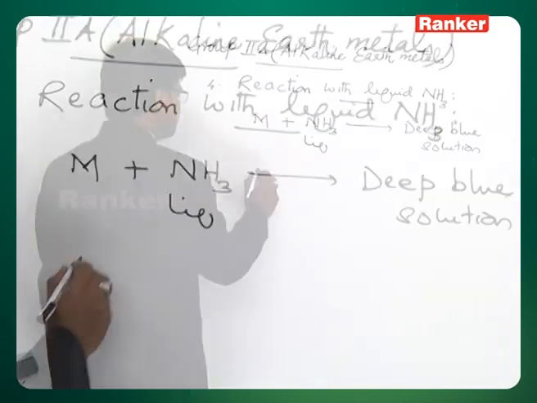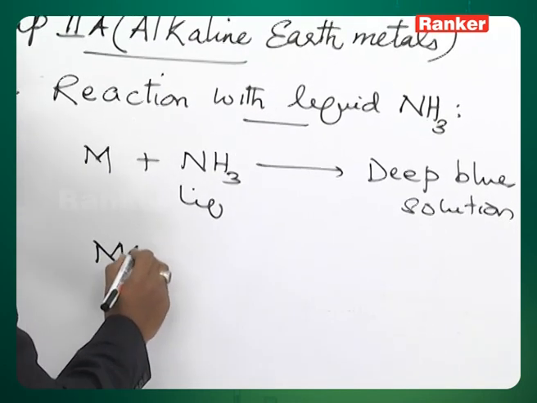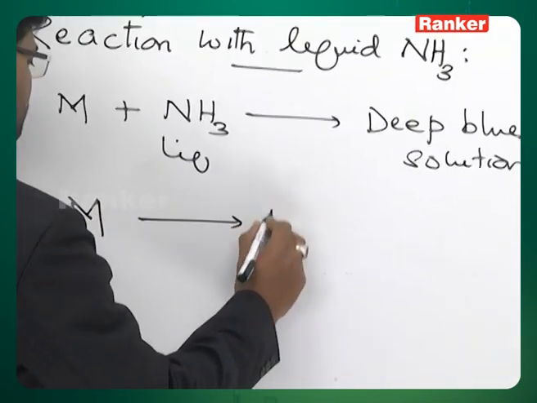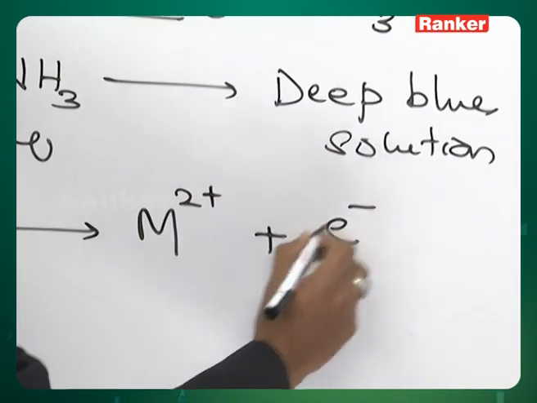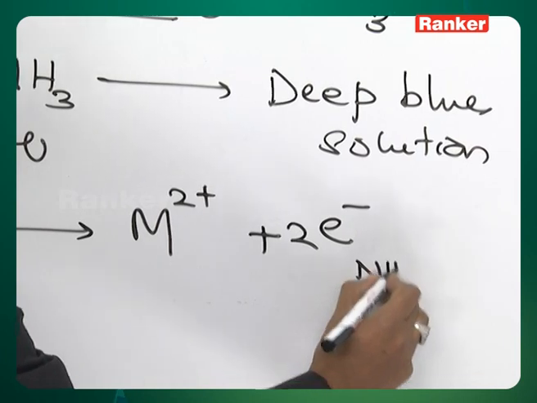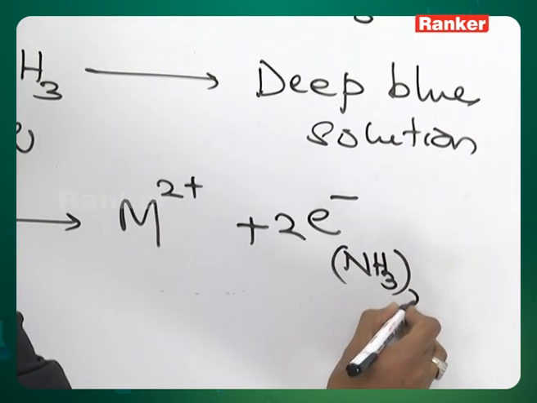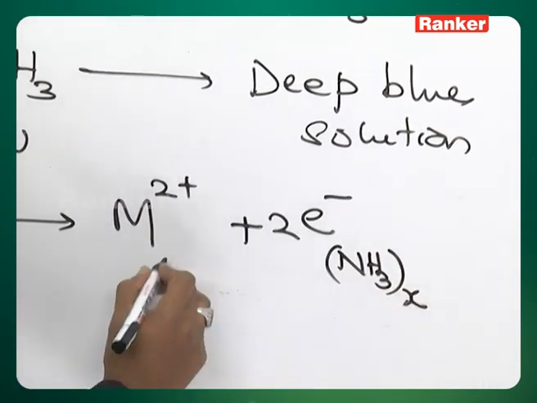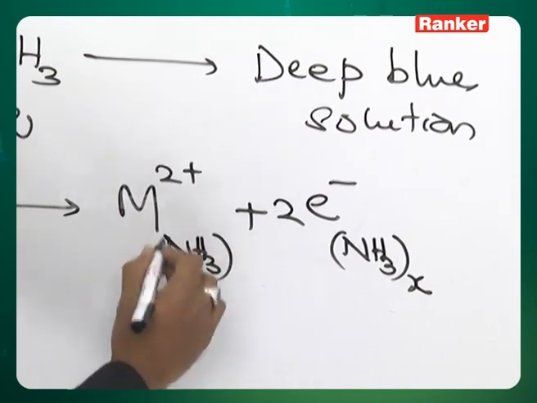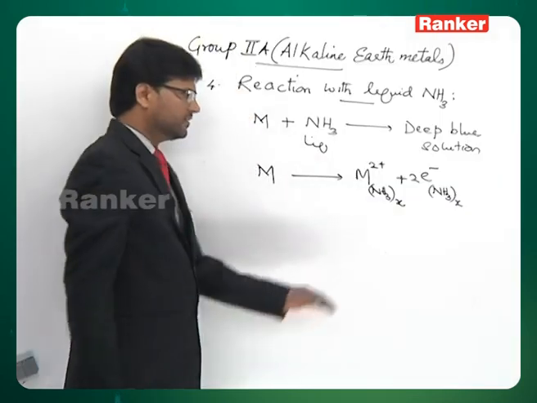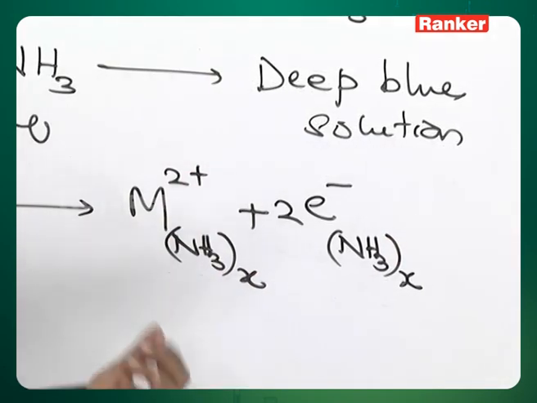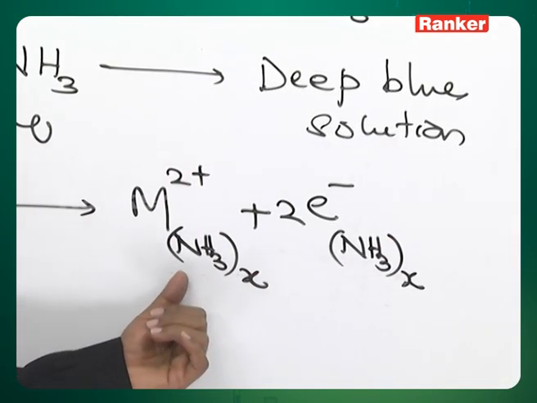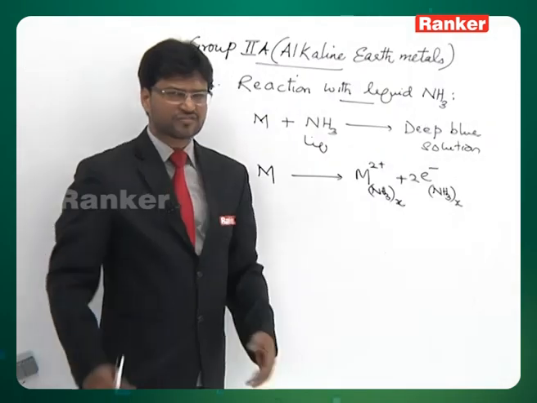Here also the metal transforms into solvated electrons and solvated cations. The metal dissolves as metal ions which get solvated, surrounded by solvent molecules. Electrons also get solvated.